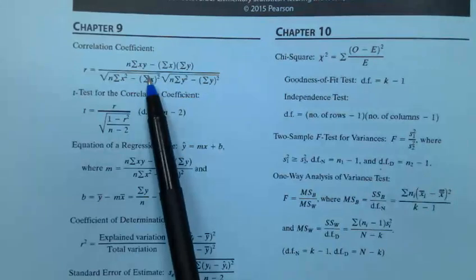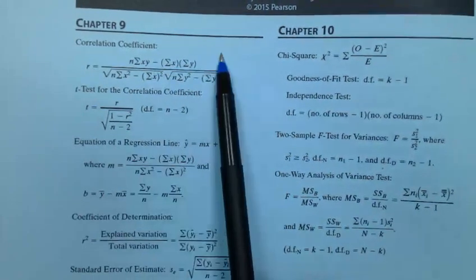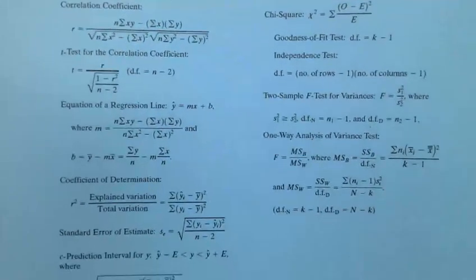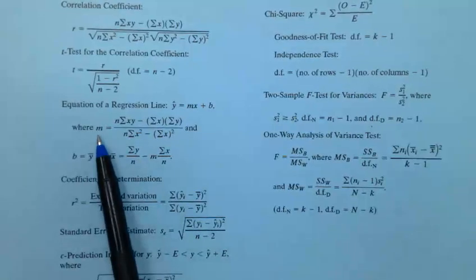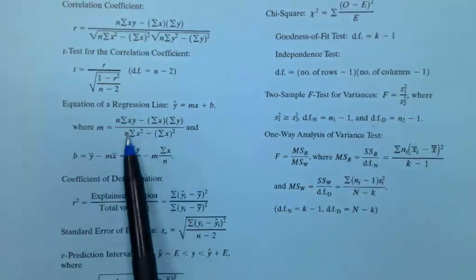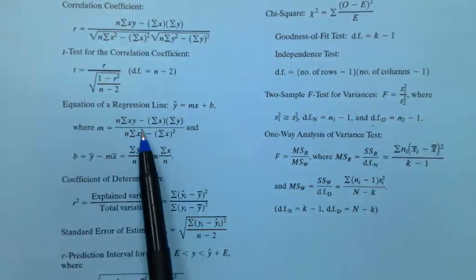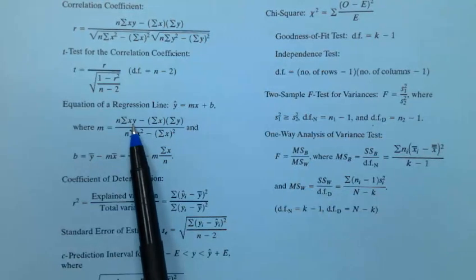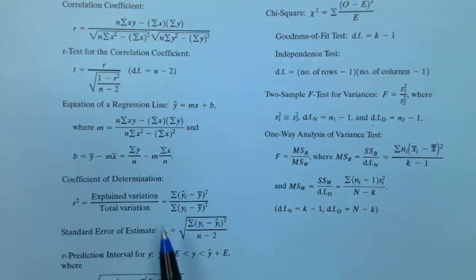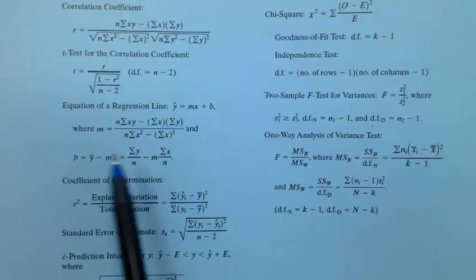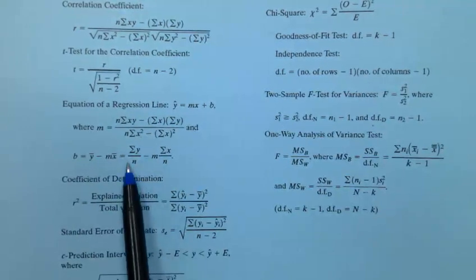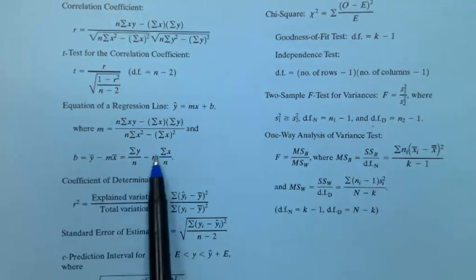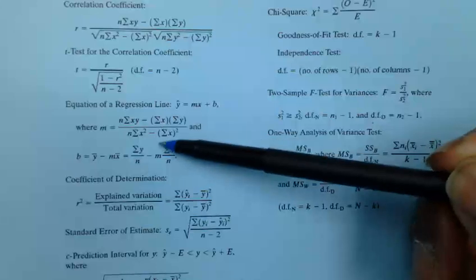R is this. R squared is this squared. Again, M, you can find all these under your 2-Var Stats. So x times y, multiply first and add them all together. For B, this is going to be the sum of y divided by your sample size, minus whatever you get here, that goes here.